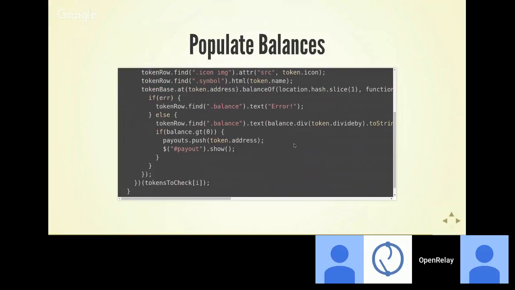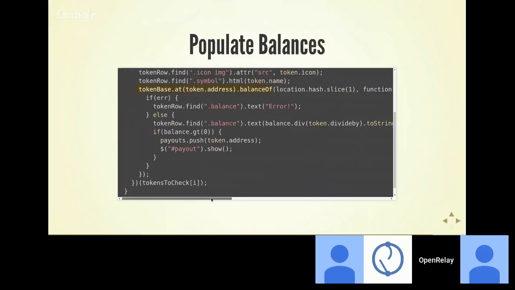And then we're going to take the token address, go to the base token contract for that particular address. At this point, we are getting the balance of the token at that address.